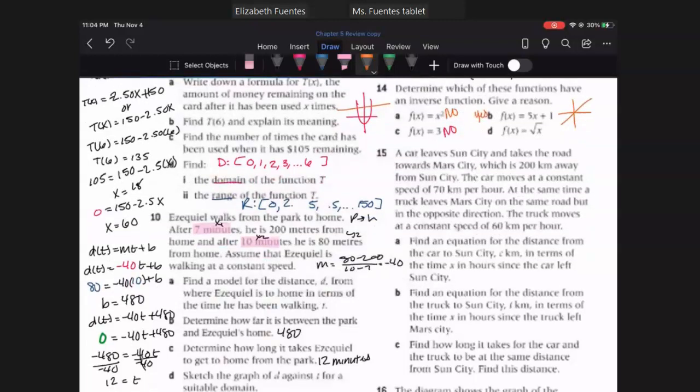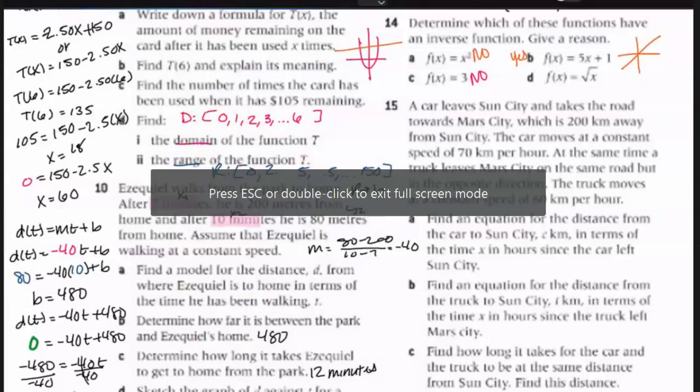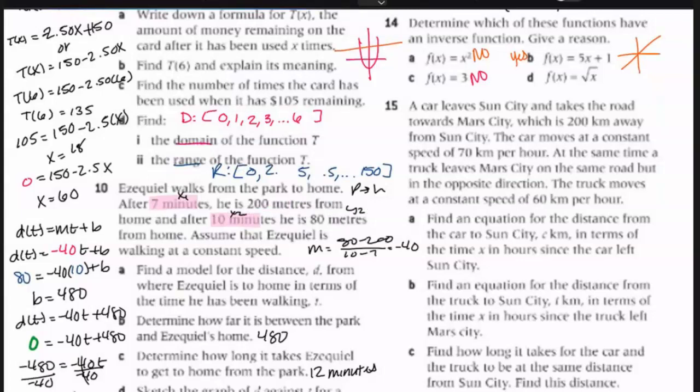15 should look very similar. A car leaves Sun City and it takes the road towards Mars City, which is 200 kilometers away from Sun City. So we have a car that is leaving Sun City and going towards Mars City, and we have a distance of 200 kilometers. And then it moves at a constant speed of 70 kilometers per hour. So it has a rate of change of 70x.